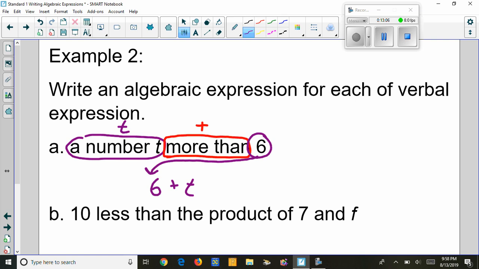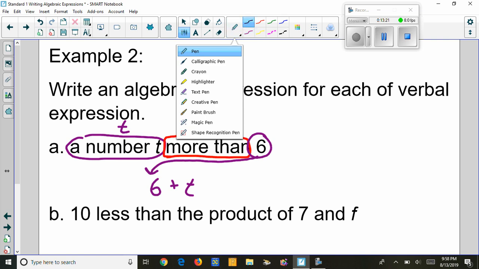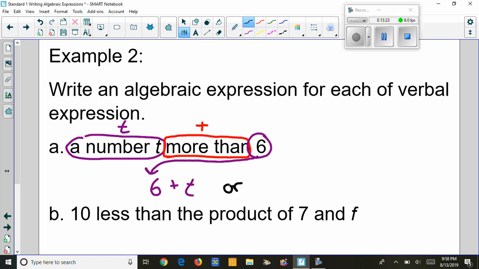Now, one thing we might remember is that when I am adding two pieces together, the order in which we add them does not change the answer. So there's actually a second possible answer. And that is, we could say t plus 6.